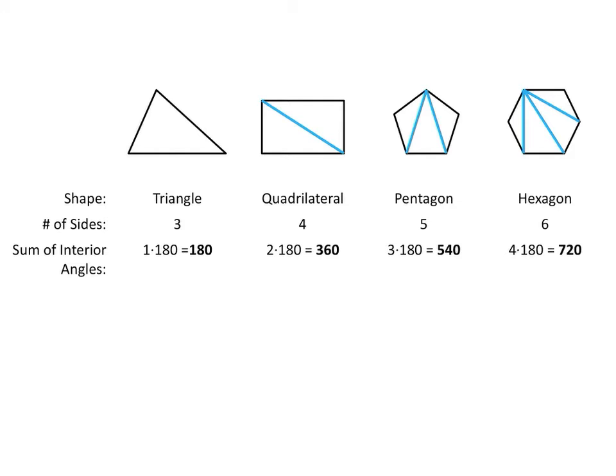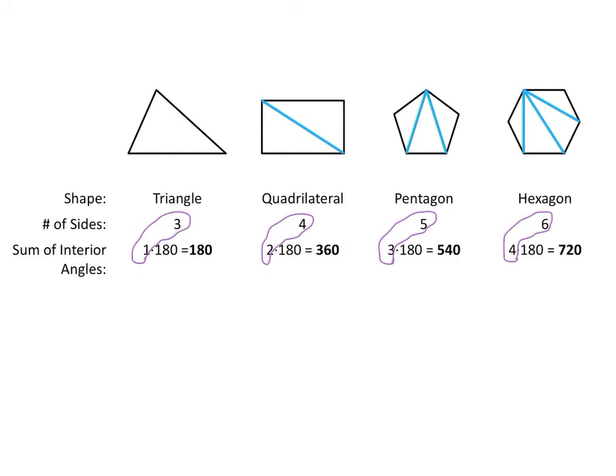Alright, let's check out a pattern here. For the first polygon, we had 1 triangle with 3 sides. For the second polygon, we had a quadrilateral which had 2 triangles, 4 sides. And for a pentagon, we got 3 triangles and it had 5 sides. And for the hexagon, we got 4 triangles and it had 6 sides.